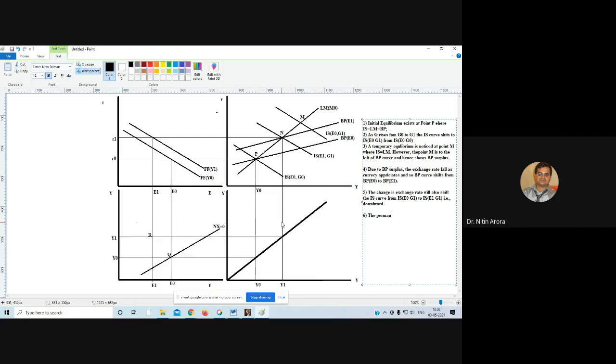The permanent equilibrium is, however, achieved at point N, where the following major outcomes are noted.